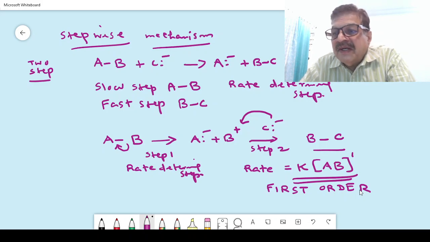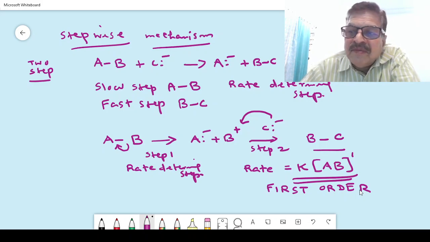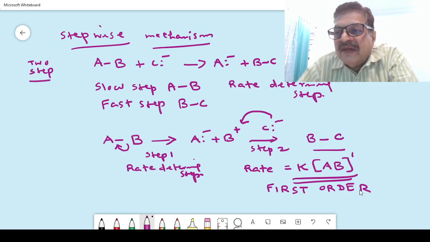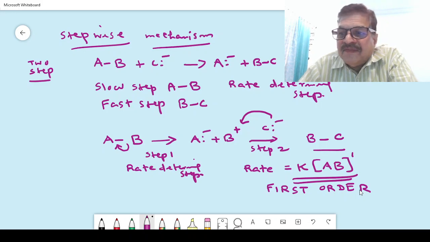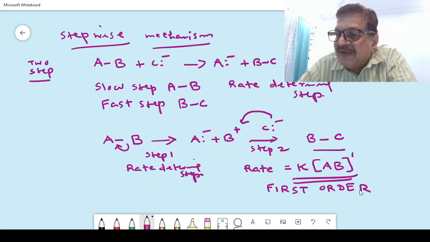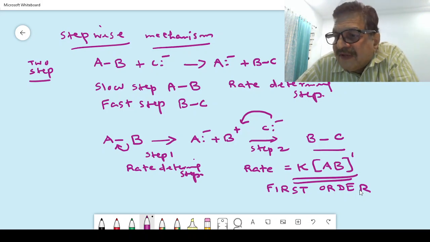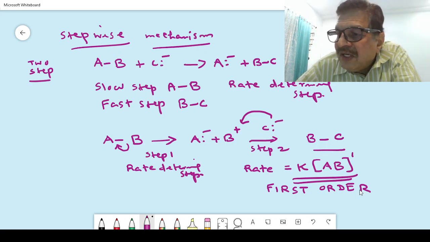Only in the rate determining step is the concentration of AB involved, so AB determines the rate. The concentration of the reactants affecting the rate determining step will appear in the rate equation. Now, the rate will depend upon the concentration of AB only.